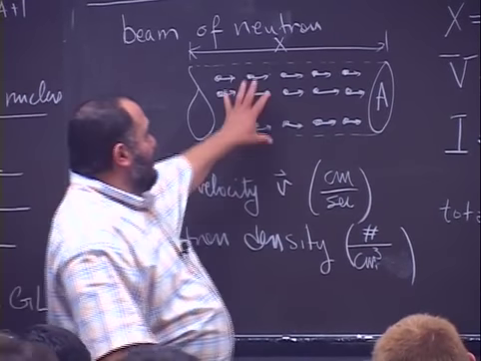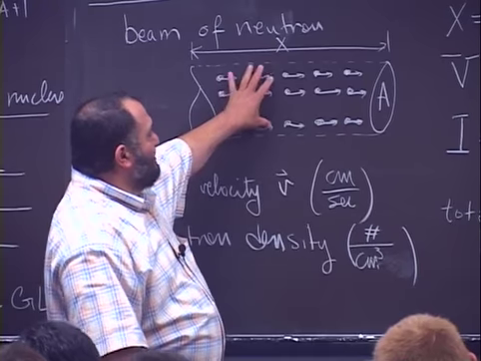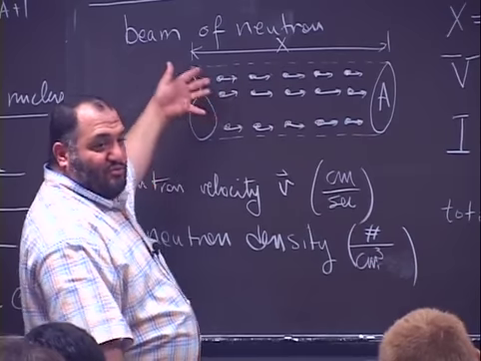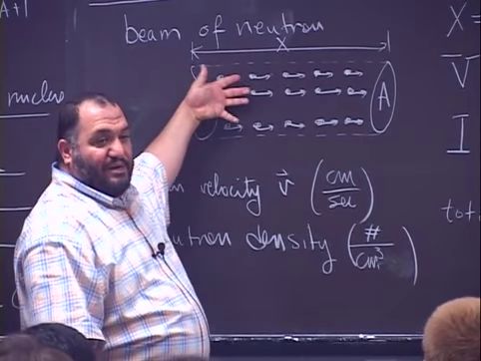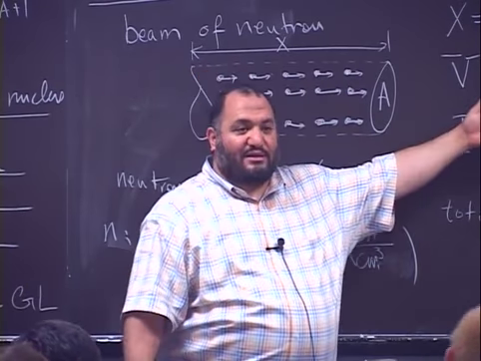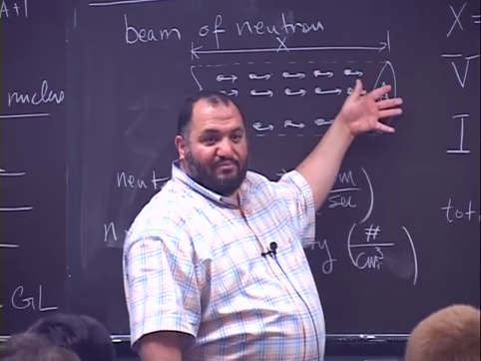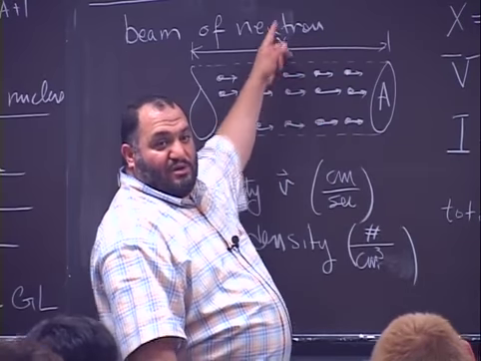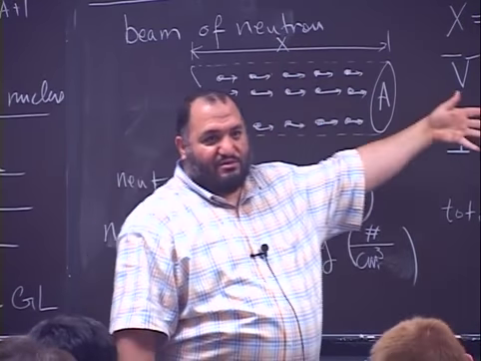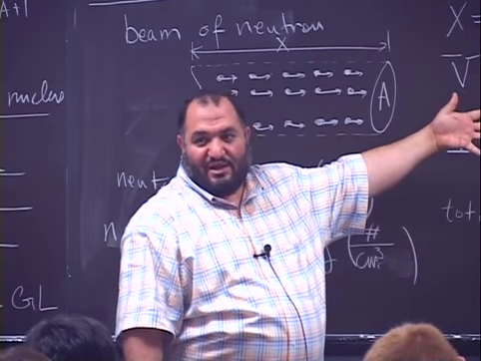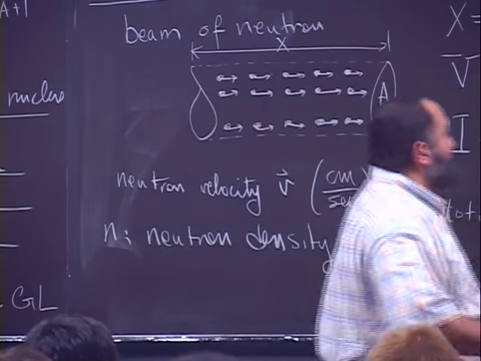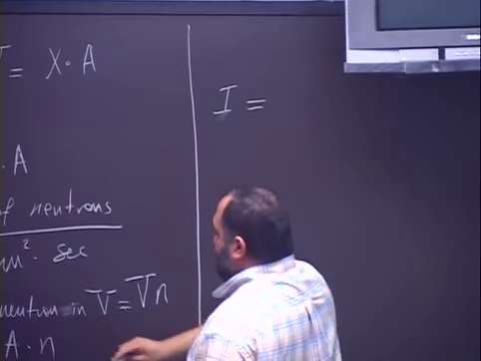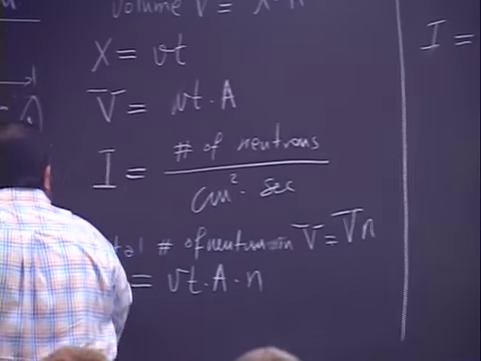Now, you multiply the number per centimeter cube by how many centimeter cubes, and you obtain the total number. But where are those neutrons going? They are going to the right-hand side, so they must cross the area A, because from the first assumption we do not allow neutrons to cross the boundary. They do not have any exit except the area A. We will call this number N capital.